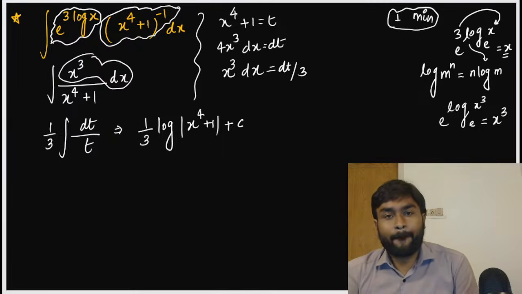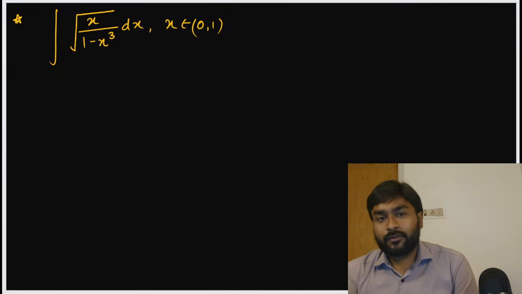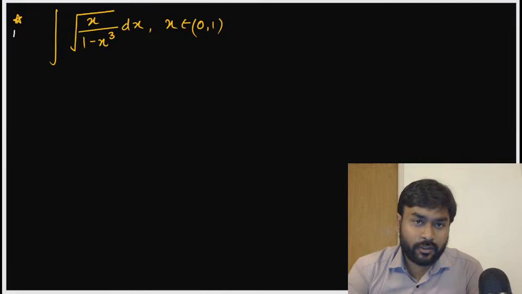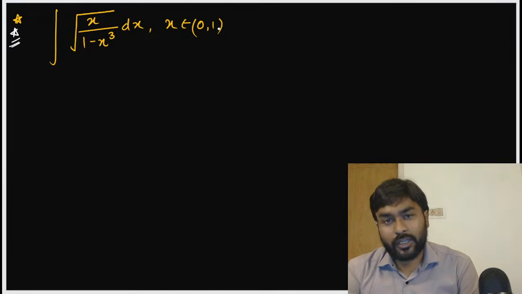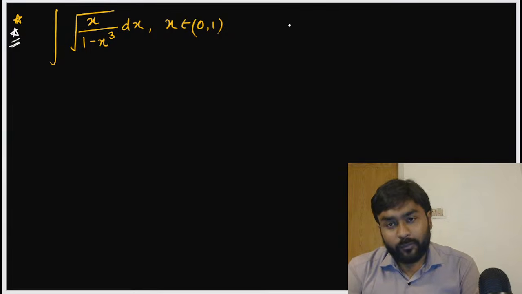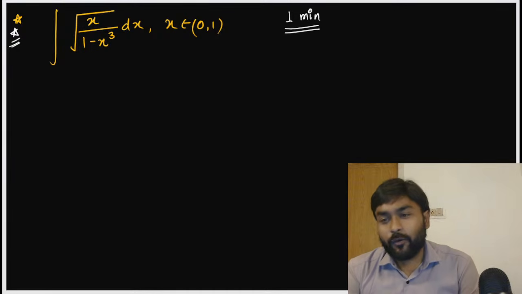Okay, next. So this is our next question, and this is a good question. You try this one and tell me what will be your approach. Again, I will give you time. 1 minute time again I will give you. You try this one and tell me what answer you are getting. Some questions are good also in this lecture that you have to see.